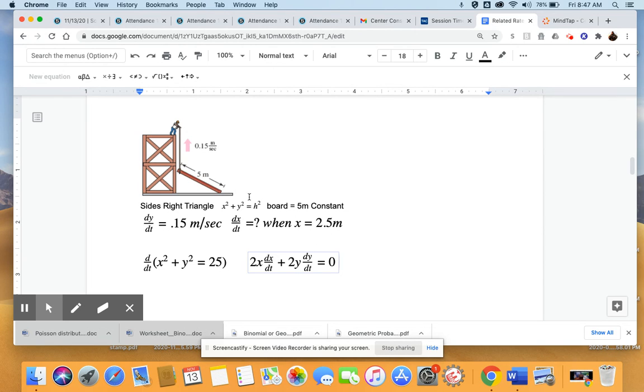But we do have an x and a hypotenuse. And since we know it's a right triangle, we can go ahead and use our Pythagorean theorem, which is going to say 2.5, our x value squared, plus y squared has to equal 5 squared, or 25.